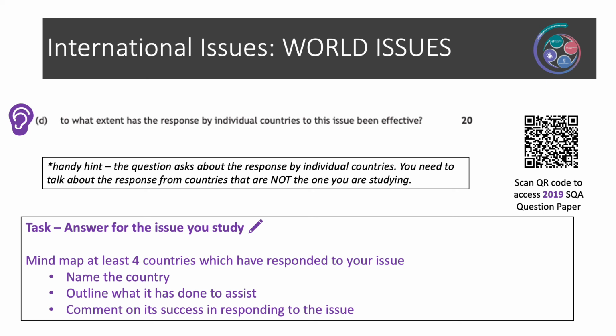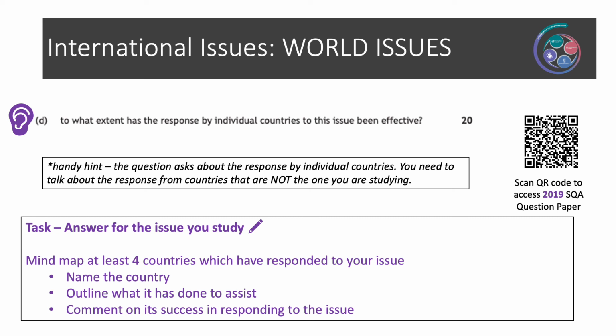So if you're looking at development in Africa, for example, and a lot of people were looking at countries like Malawi, in this case here, to what extent is the response by individual countries? It needs to be a country that's not Malawi. So the response by other individual countries.